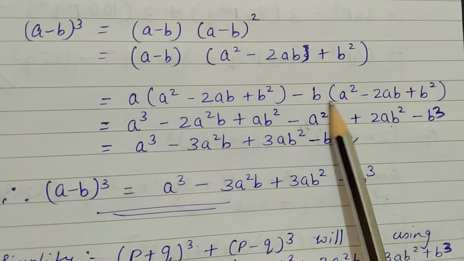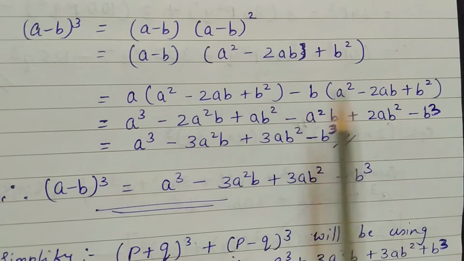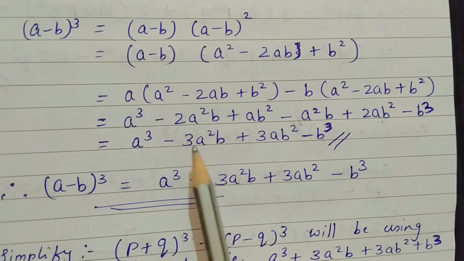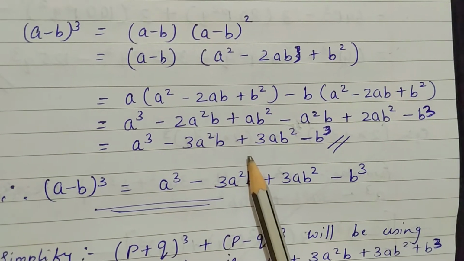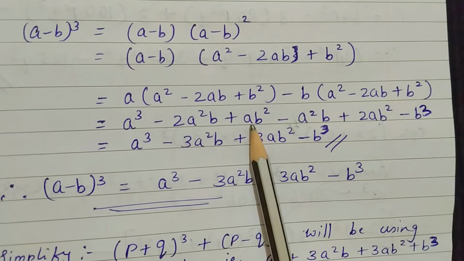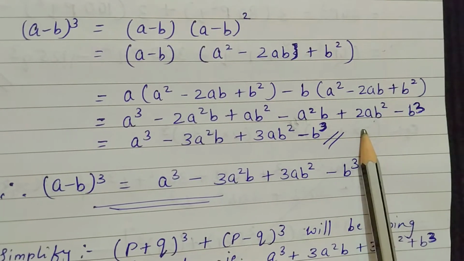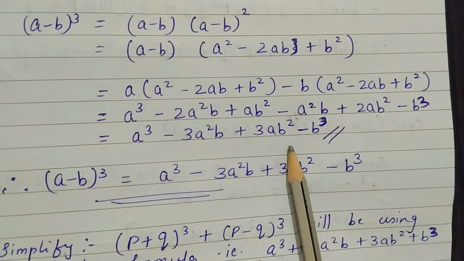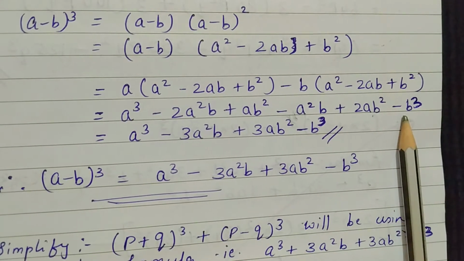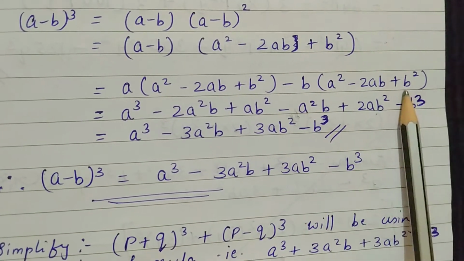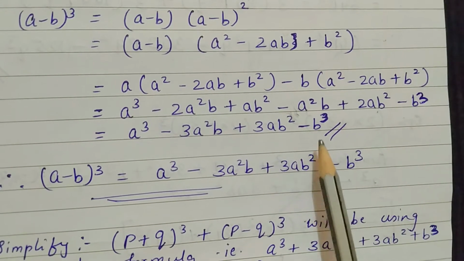But minus into minus is plus, because of that we are adding both. So minus 3a square b plus, again plus ab square and plus 2ab square, 1 plus 2, so plus 3ab square, minus b cube. Why minus? Because minus into plus is minus. So minus b cube.